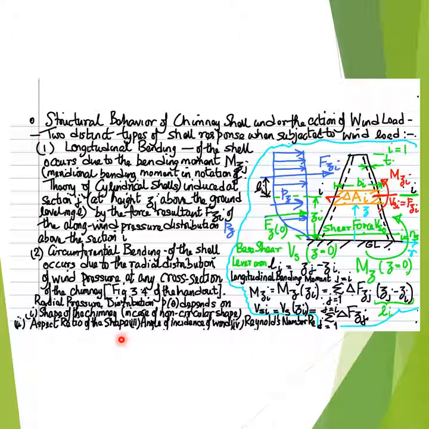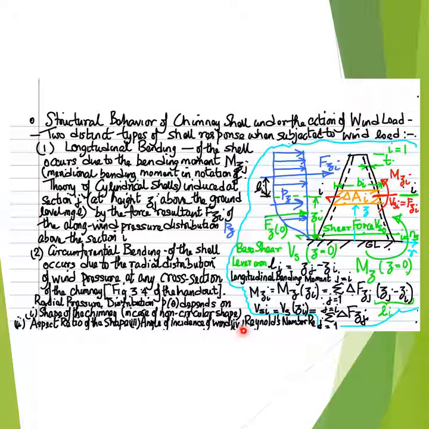Further, in case of general cross-sectional shapes of the industrial chimney, for example, non-circular shapes, the aspect ratio of the shape, that is the ratio of the width to the depth of the shape, will also be one of the governing parameters that determine the radial pressure distribution over the periphery of the cross-section of the chimney. 3.